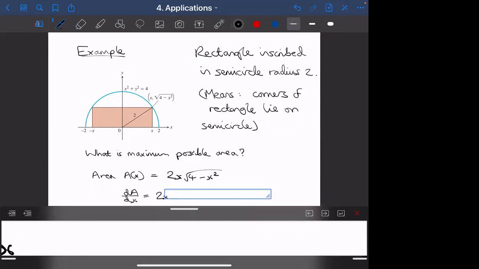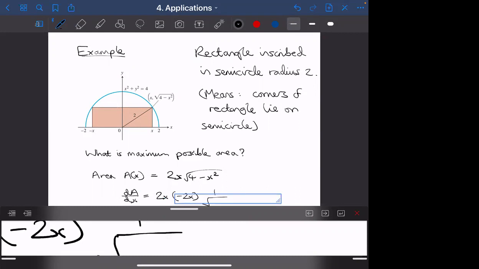So using the chain rule, I'm going to get minus 2x times 1 over 2, 1 over the square root of 4 minus x squared.